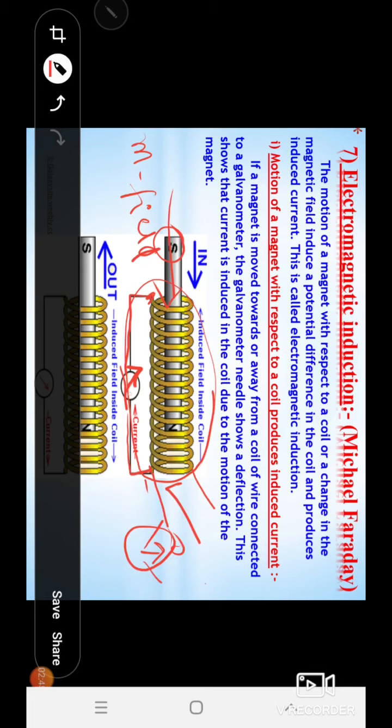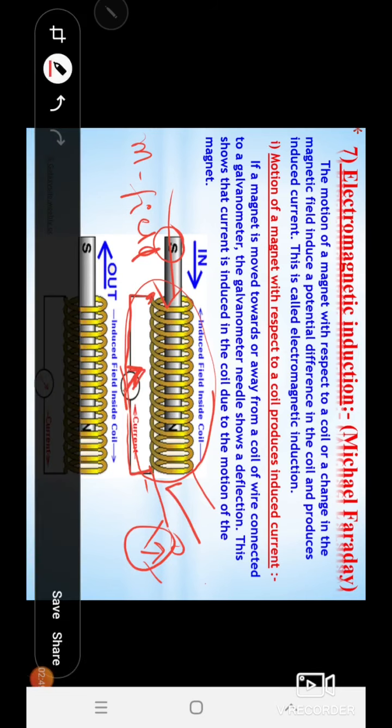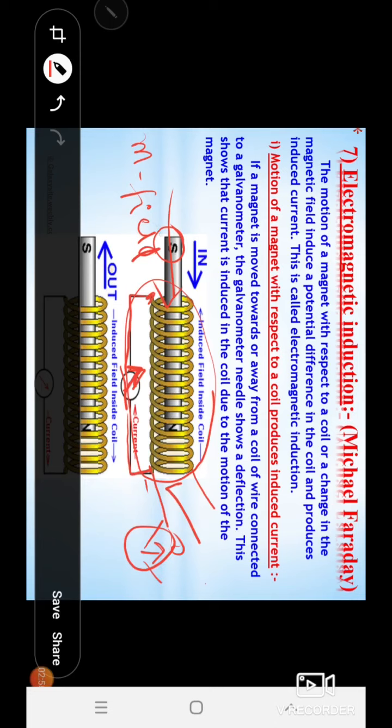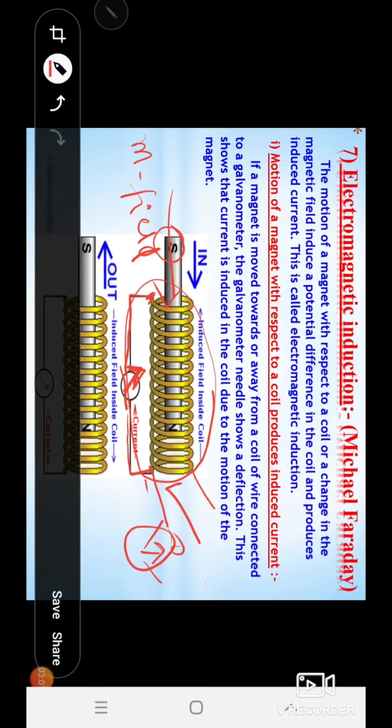If the galvanometer shows deflection in this circuit, it indicates that an electric current is induced. As soon as we keep a bar magnet inside this copper coil, there is a change of magnetic field, and the change in magnetic field can produce the current.